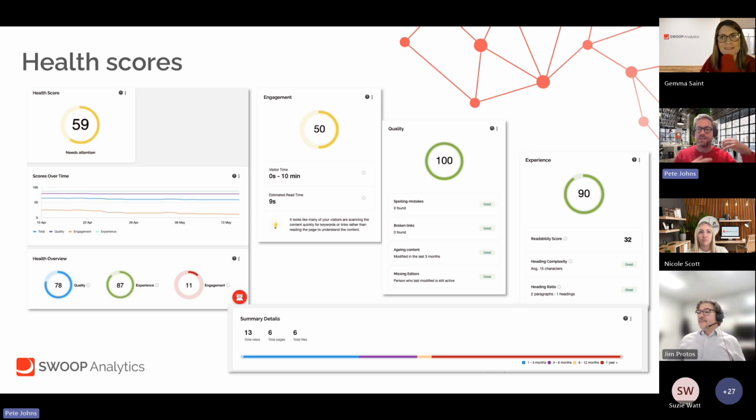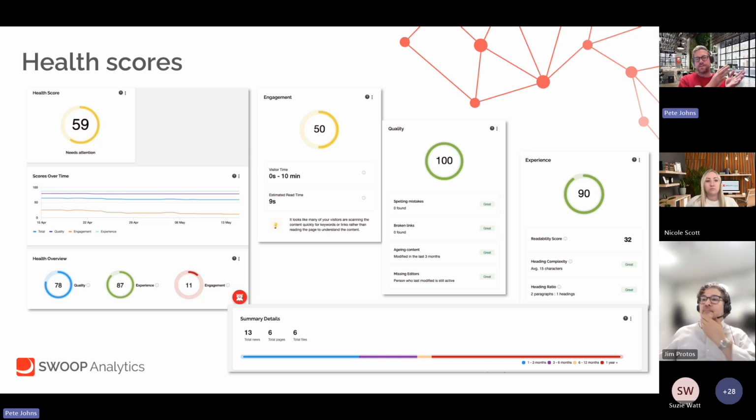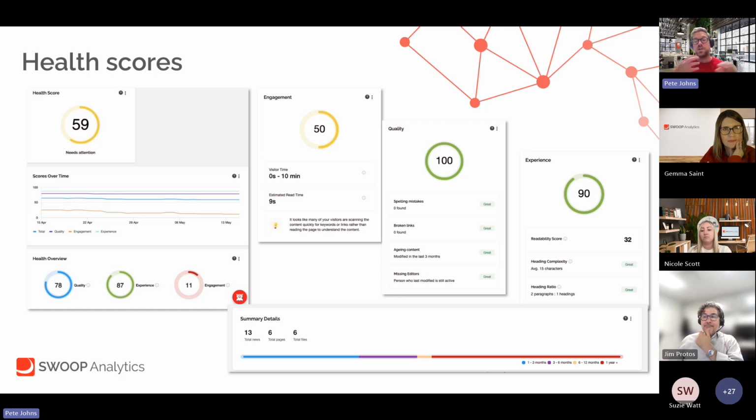You would have broken links, you would have spelling mistakes, you'd have content getting older and less trusted, etc. And the classic model is you launch your new intranet, day one, it's amazing. Gradually over a 2 or 3 year period, the quality, the experience gets worse and worse, to the extent where usually about 2 or 3 years in, the business goes, we need a new intranet, or we need an intranet revamp. And you have this long intranet improvement cycle.